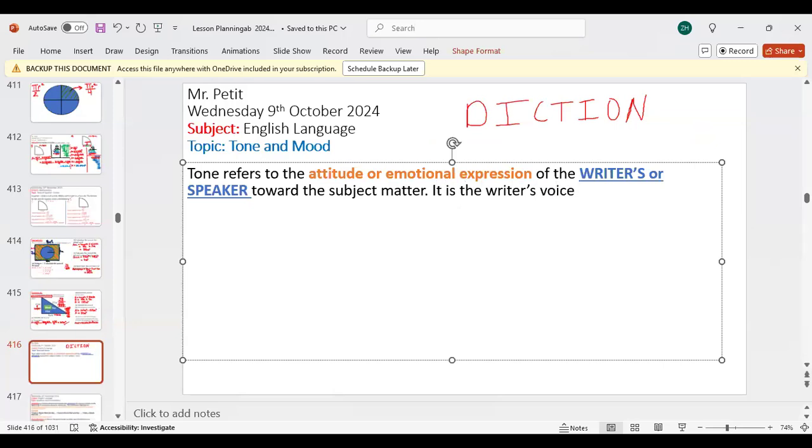Now, how is the writer's voice conveyed? Well, it's conveyed or it's portrayed through the what? Through the choice of words. The tone refers to the attitude and emotional expression of the writer or speaker.